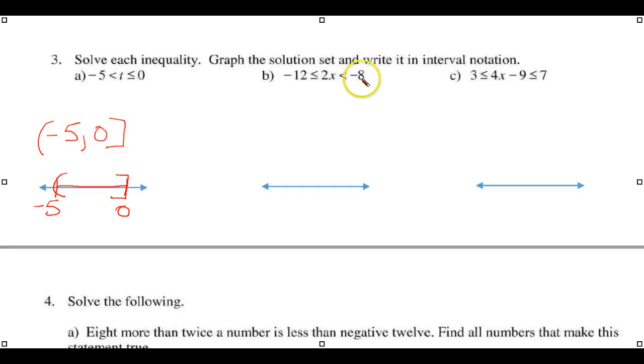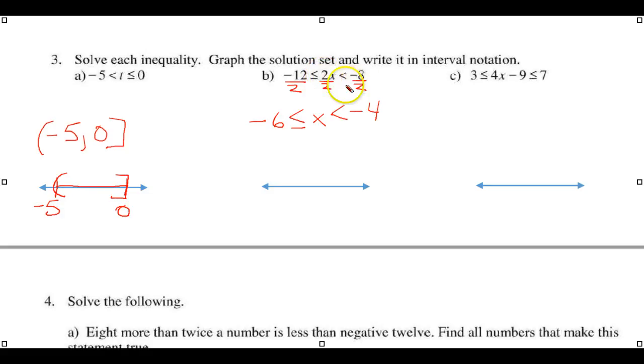Now for something like this, we need to isolate the x. So we're going to divide this by 2, this by 2, and this by 2. So we get a negative 6 is less than or equal to x is less than negative 4. So when you have your variable in the middle, these are compound inequalities, you have to eventually isolate the x.